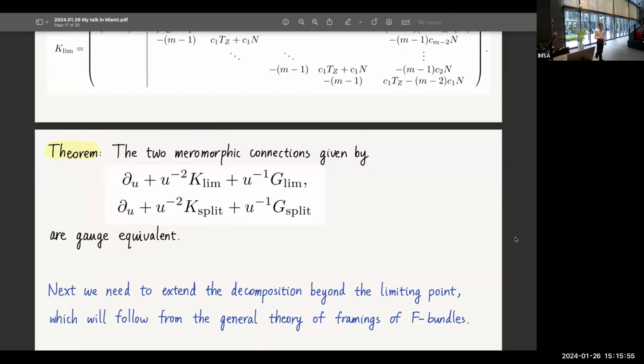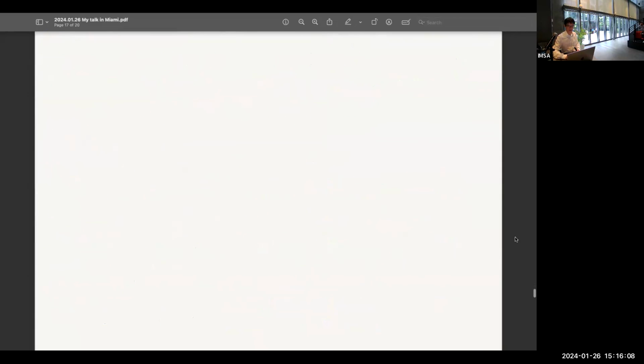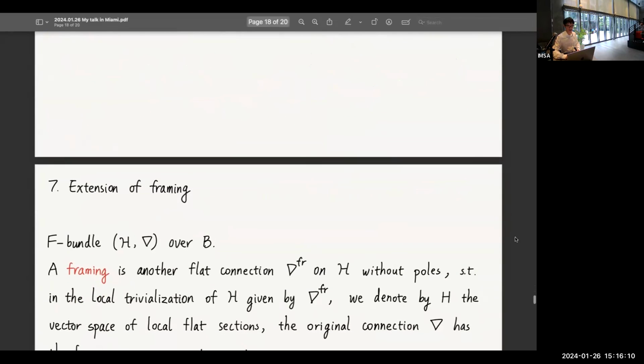And next, we need to extend this decomposition beyond the limiting point. And for this, we use this general theory of frames for F-bundles. Okay. Let me introduce this.